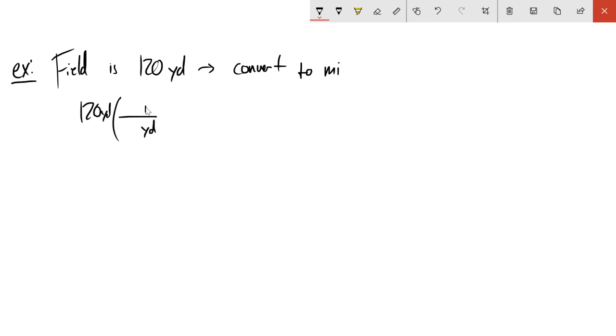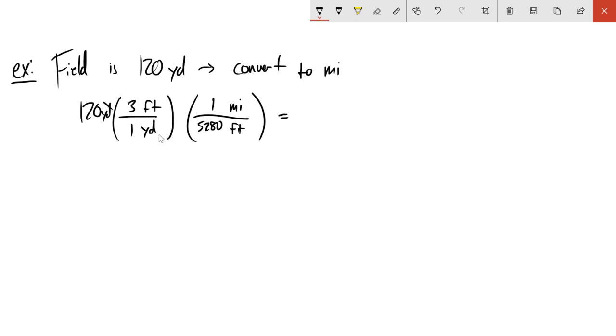You could get rid of yards and go to feet, because 1 yard is 3 feet. And then you can go from feet to miles, because 1 mile is 5,280 feet. So the unit canceling procedure will actually allow you to go through multiple units at a time if you need to. And it'll get you straight to the right answer.